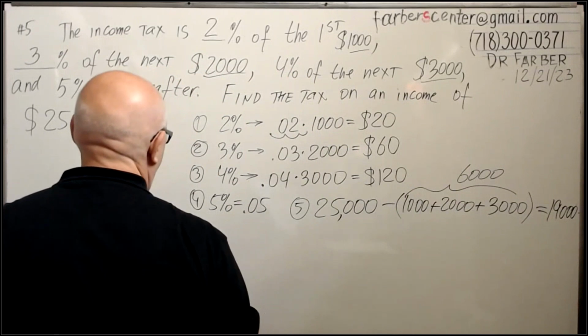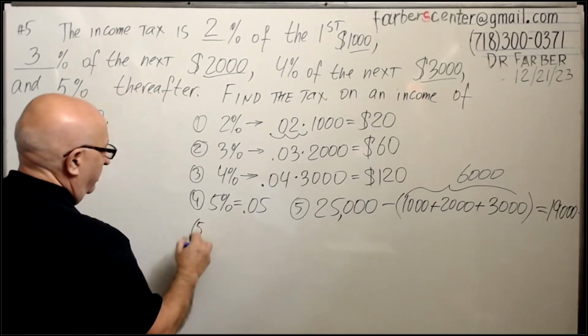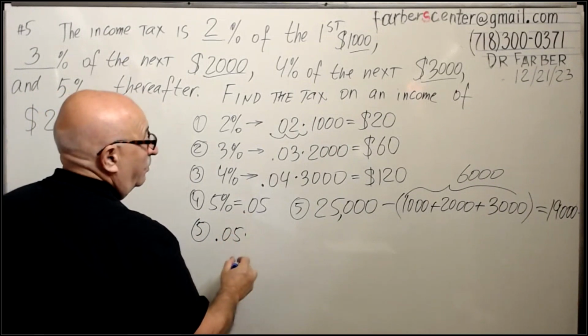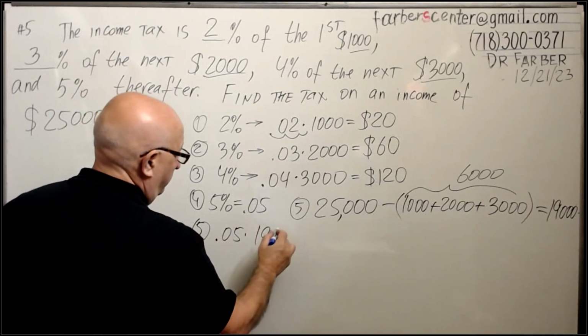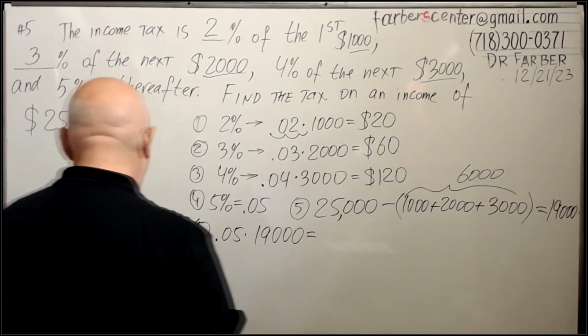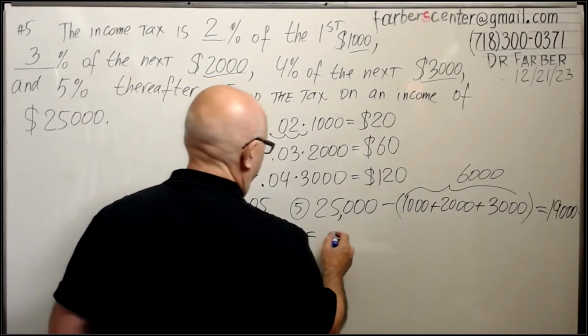And look at this, number 5. This is 0.05 of 19,000. In this case, they're supposed to pay, I multiply, it would be $950.